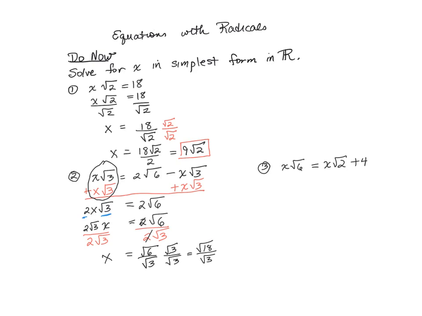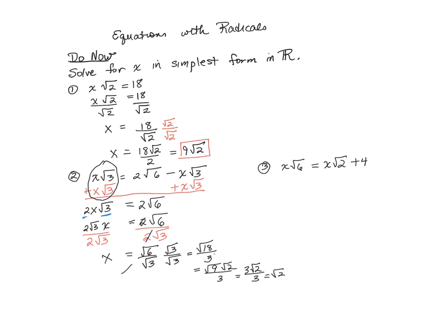I'm sorry, I meant root 18 over 3. Let me just write that down. And the root 18 can be simplified into root 9 times root 2 over 3, I should say. And that gives you 3 root 2 over 3, which is just root 2.